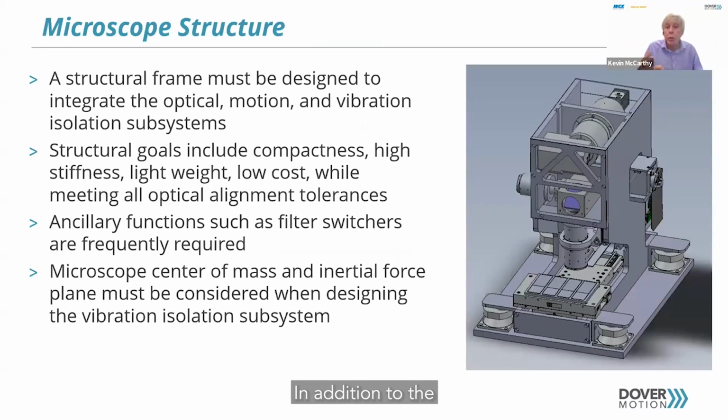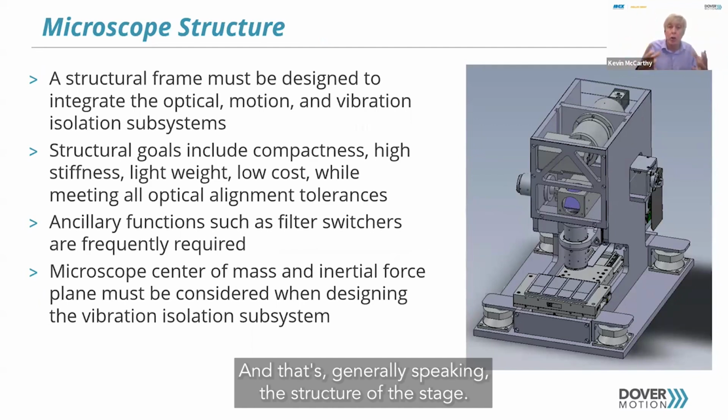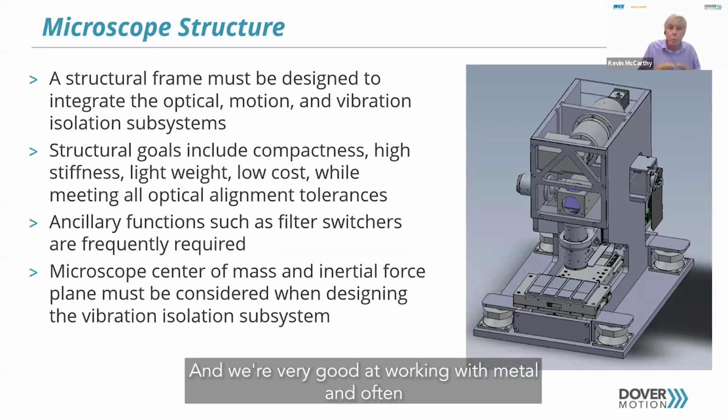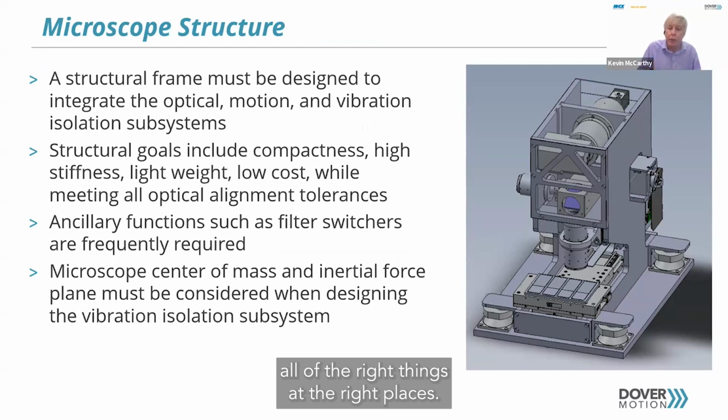In addition to the stages and the optics, something has to knit all this together, and that's generally speaking the structure of the stage. And we're very good at working with metal and often help our customers and our partners to develop the structures needed to hang all of the right things at the right places.